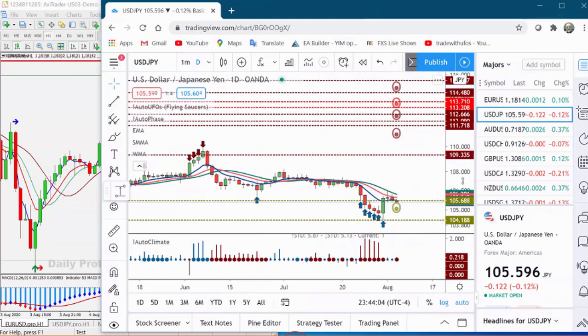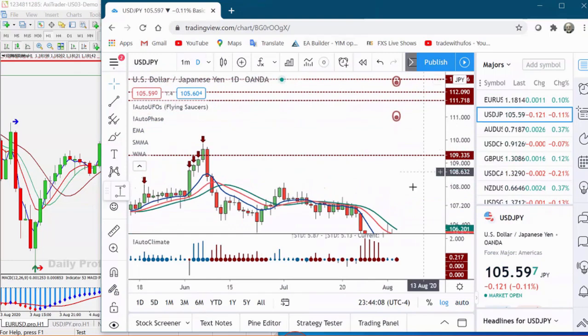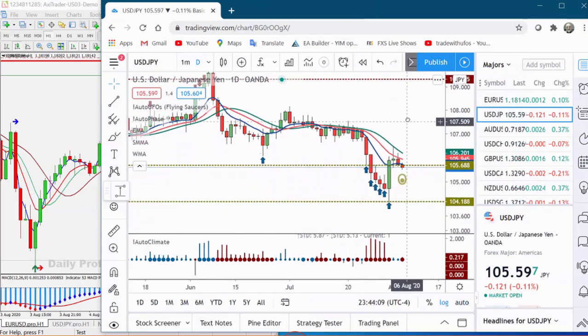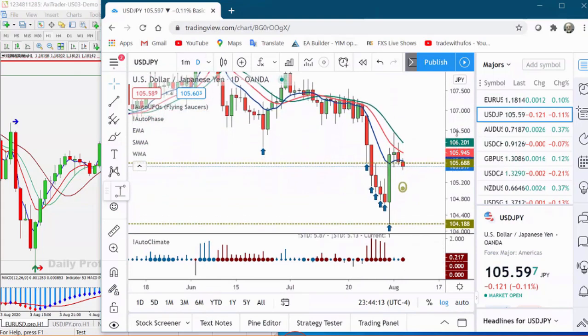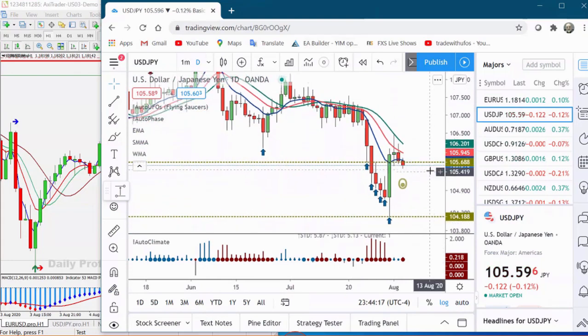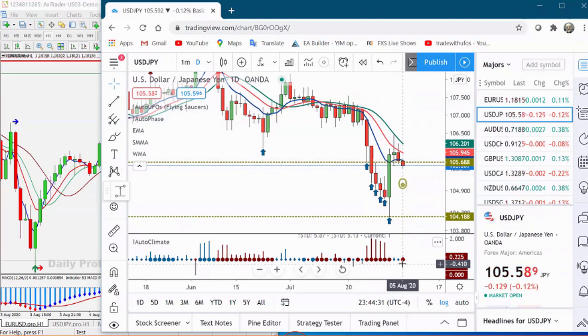Well, it's telling me that price is down today. Of course, we don't have the end of the day today, so this could change by the end of the day.